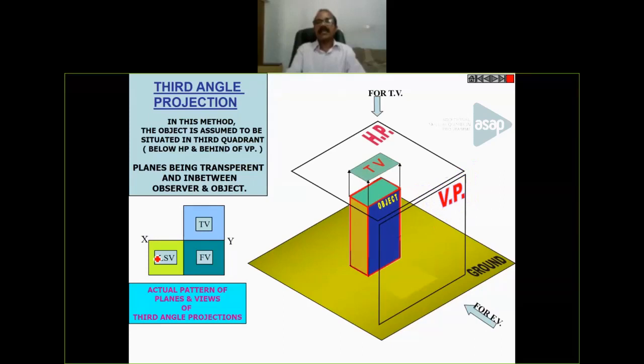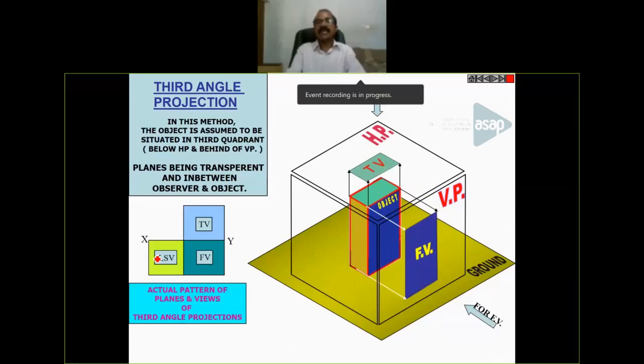So the front view you can see in the vertical plane. The blue rectangle represents the front view, and looking from the top, the green surface represents the top view. But this horizontal plane is always rotated through 90 degrees in the clockwise direction. So that's why the plan is above the xy line.